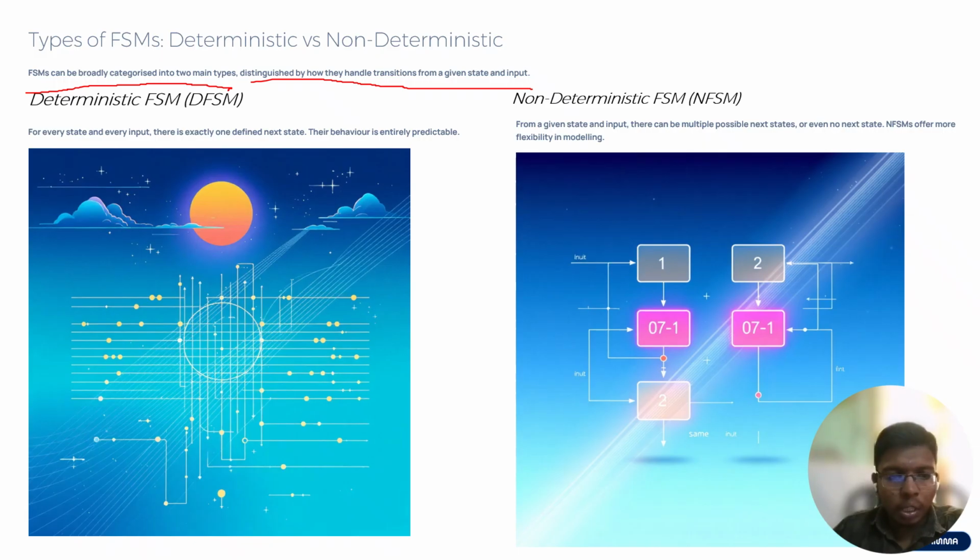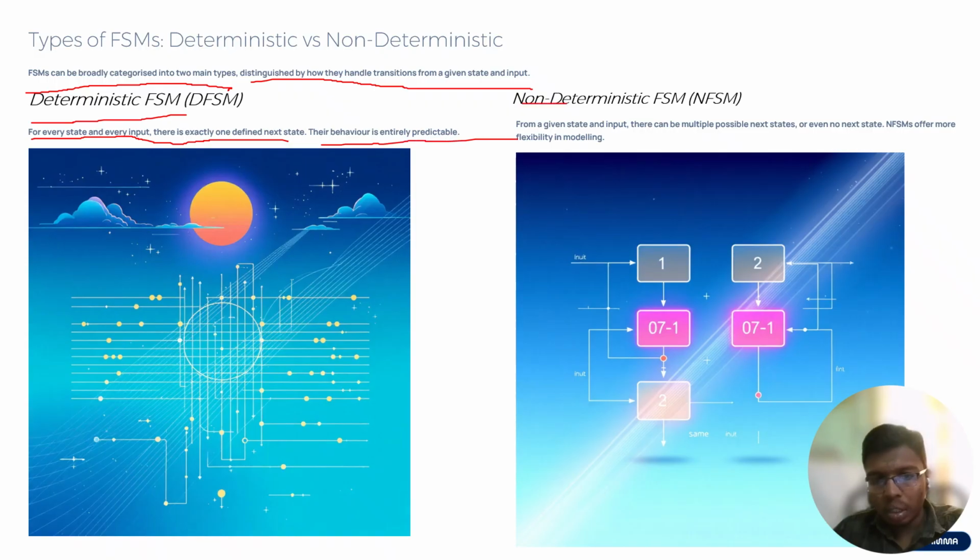So deterministic FSM, called DFSM: for every state and every input, there is exactly one defined next state. Its behavior is entirely predictable.